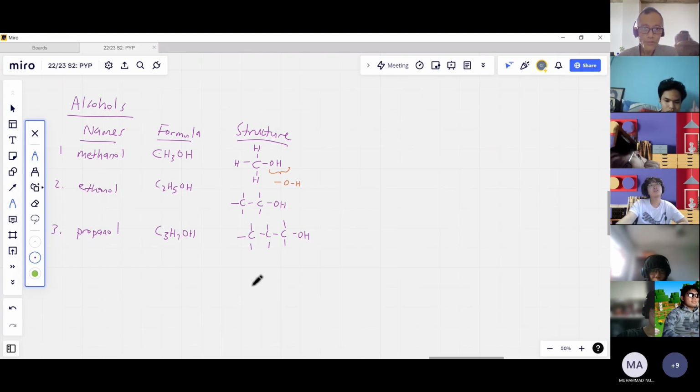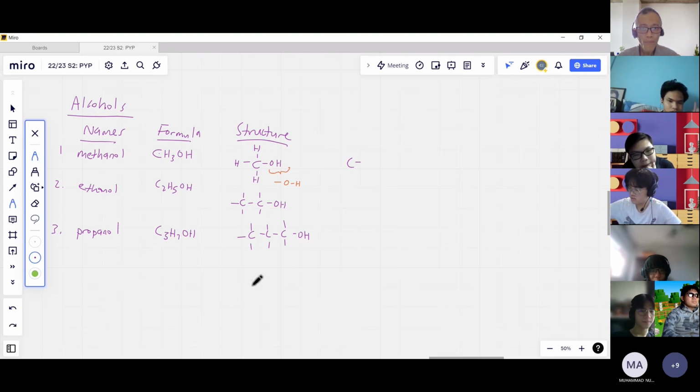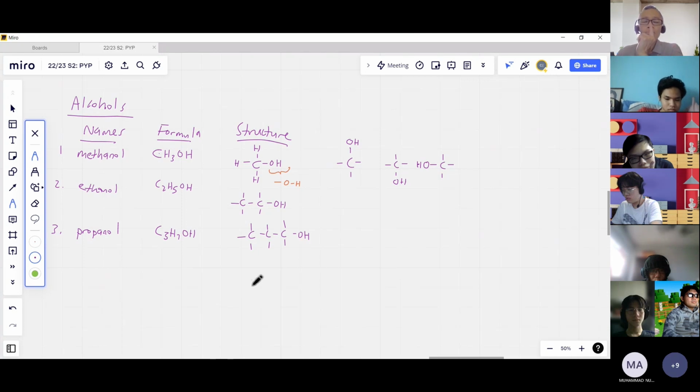Let's say for the first one, it doesn't matter. I can draw this here too. But if you want to draw on the left, be a bit careful. Notice I draw it as HO rather than OH.